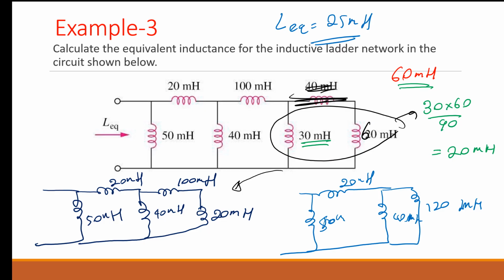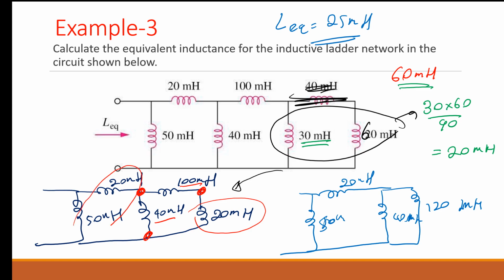Can we just leave the 20 and combine 100 with 40? How are you saying that, leaving this and combining these two? Yes. Are they in series or parallel? Oh, no, parallel. If they are in parallel, they should share both the start and the end points. Do they share them?